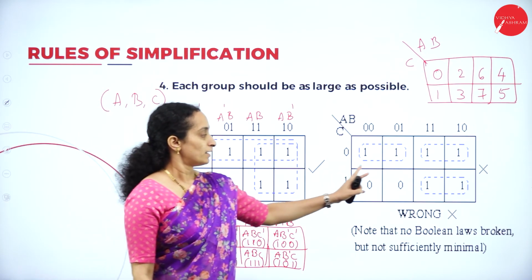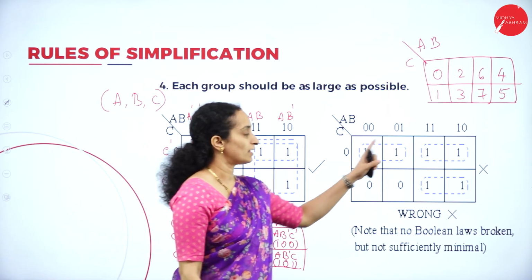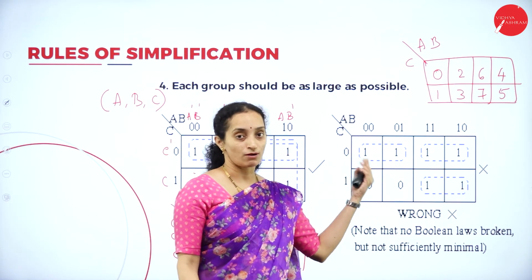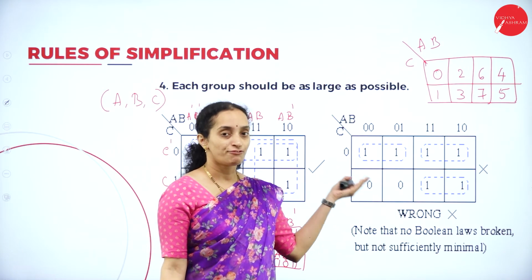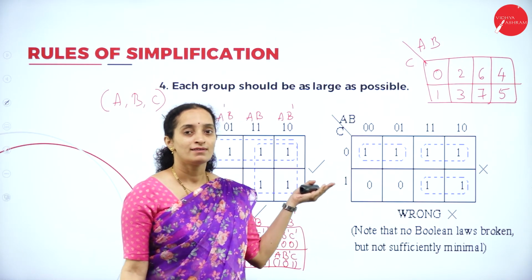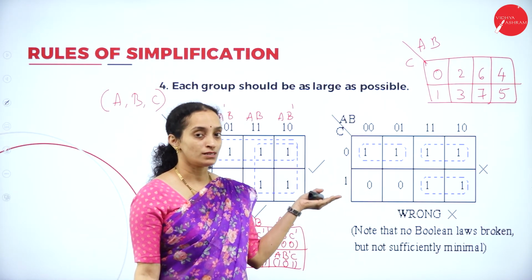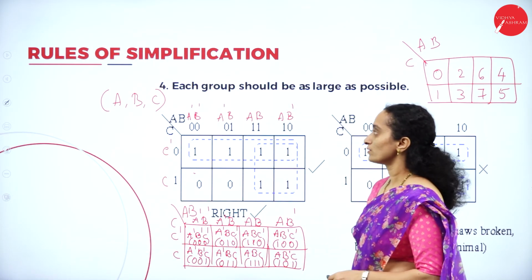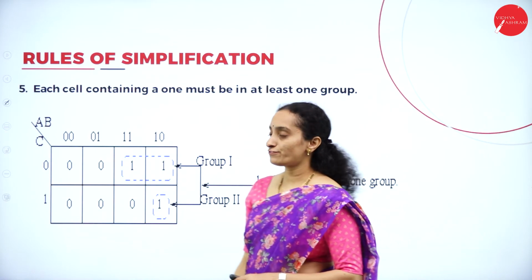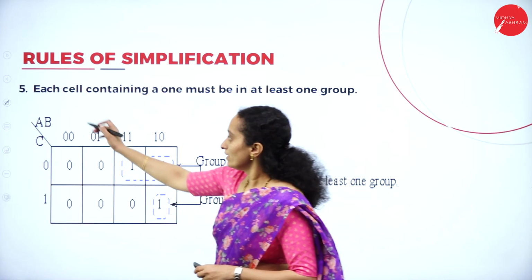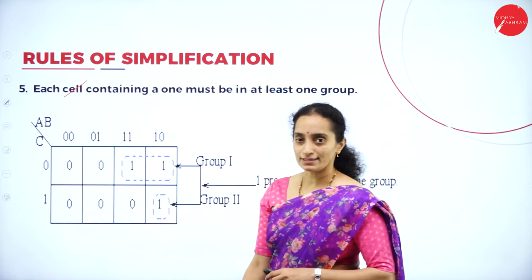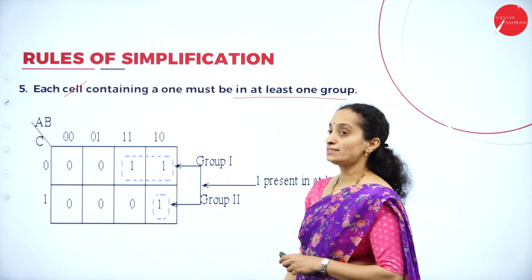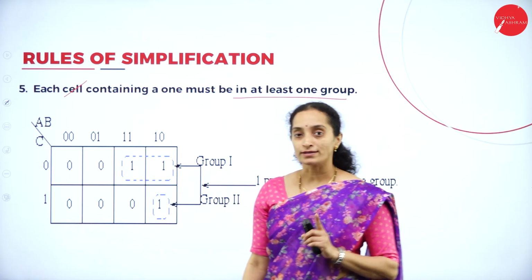Okay. Here we have the wrong representation of the grouping, that is 1, 1, 1, 1. You cannot make it like this, which will fail the intention of using the K-map for simplification. This is the 4th rule. What about the 5th rule? The 5th rule suggests that each cell containing a 1 must be in at least one group.